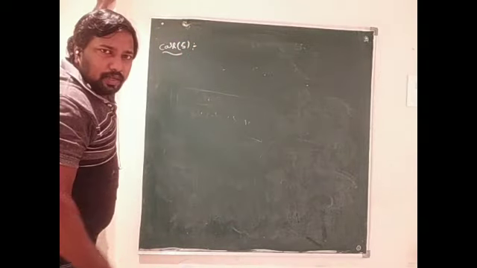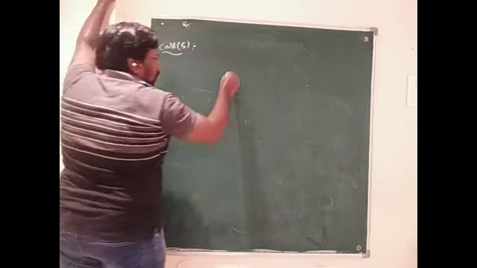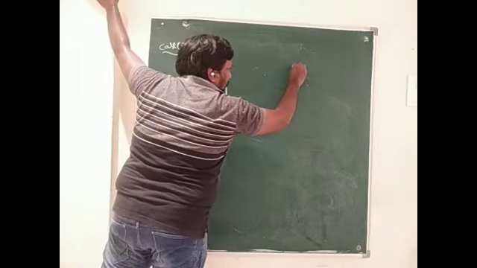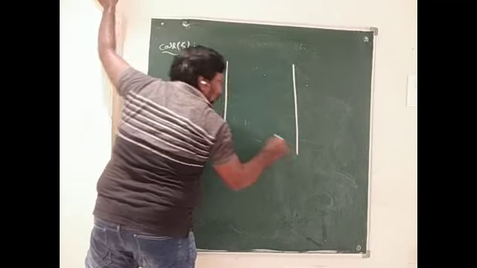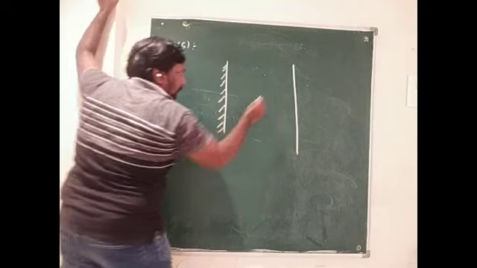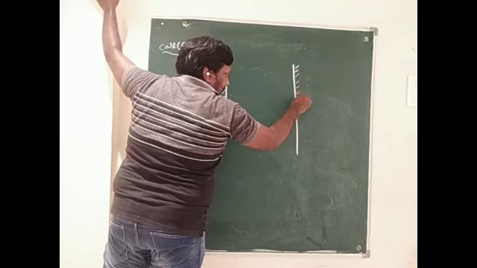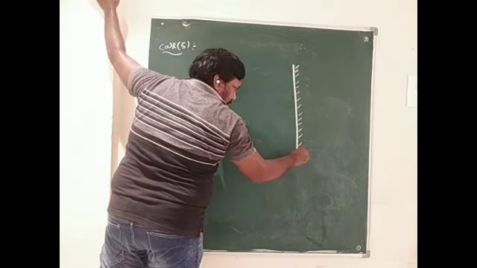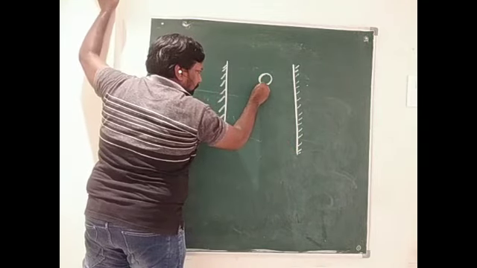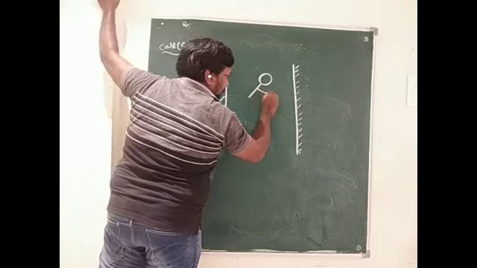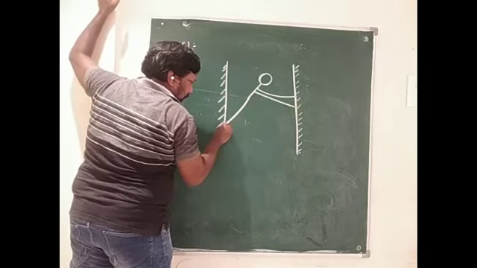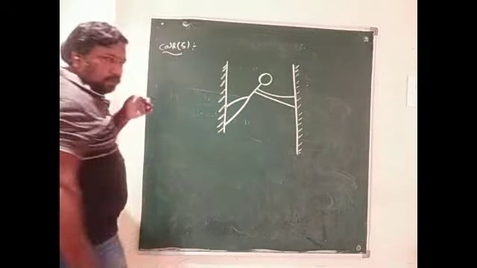Consider a man of mass small m held in between two rough vertical walls. Its diagram is in this way.